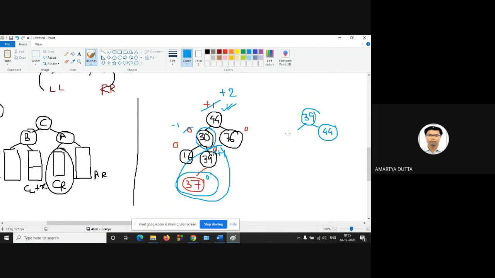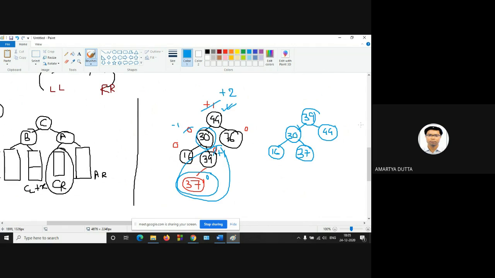And then BL, for BL you can put 16 here. And this will be your 37. Complete with 76.